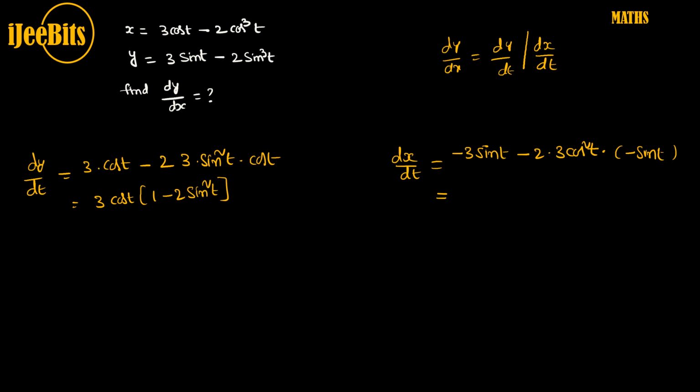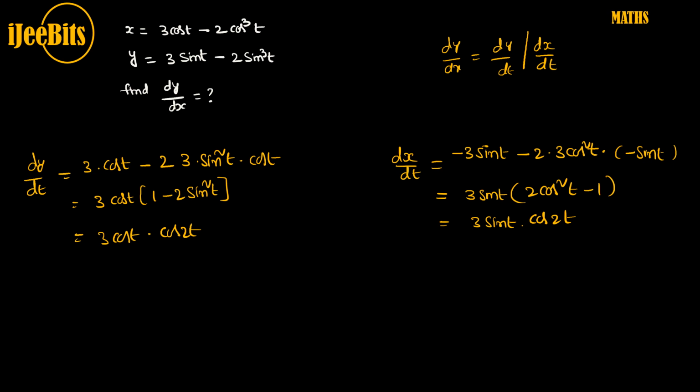Take 3 sine t out, because minus of minus is plus here. So this becomes 2 cos square t minus 1. So 3 sin t, 2 cos square t minus 1 is nothing but what? Cos 2t. Right? Similarly here also, 3 cos t, 1 minus 2 sin square theta is also cos 2t.